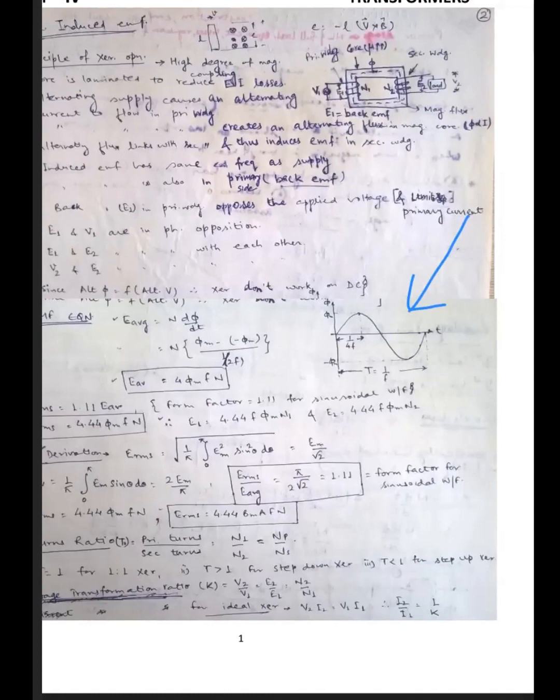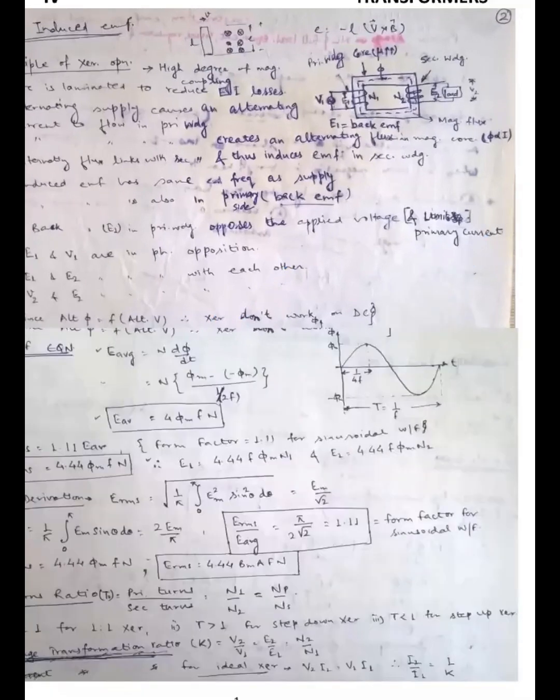For example, in this present case, we have taken φm here and minus φm here. So φm minus (−φm) becomes 2φm, and it is divided by half the time period. If T is the full time period, then T is equal to 1/f, where f is the frequency. So half time is 1/2f, and it results in the EMF, which is the average EMF.